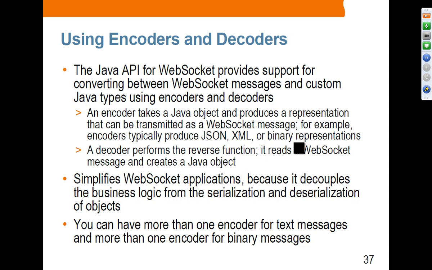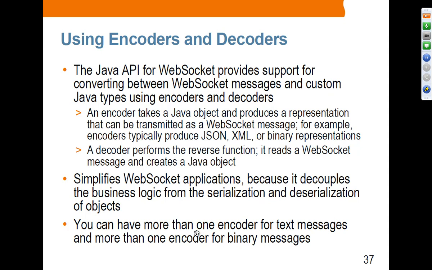This simplifies WebSocket applications because it decouples the business logic from serialization and deserialization of objects. If you have custom serialization and deserialization, the encoder and decoder are the ones that you can build and plug in.